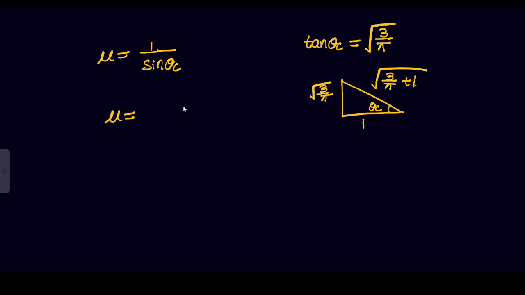So that is mu is equal to, from this triangle sine theta c means how much? Is equal to square root of 3 by pi by root of 3 by pi plus 1. Now for this 1 by means reciprocal. How much will come?